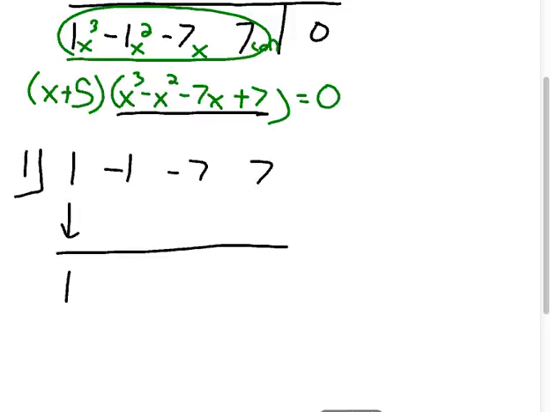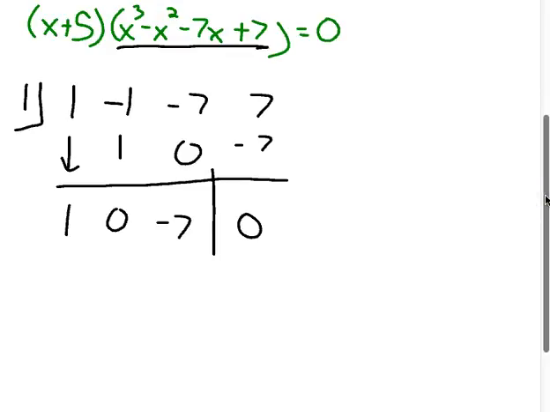So pull down the 1, multiply, add, multiply, add, multiply, add, done. And again, I'm glad that I'm getting 0. I know that I should be because otherwise it means I didn't actually have a solution.